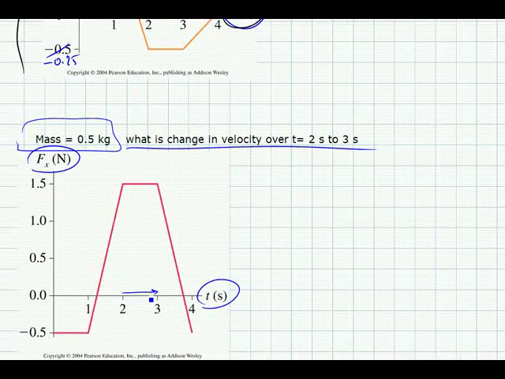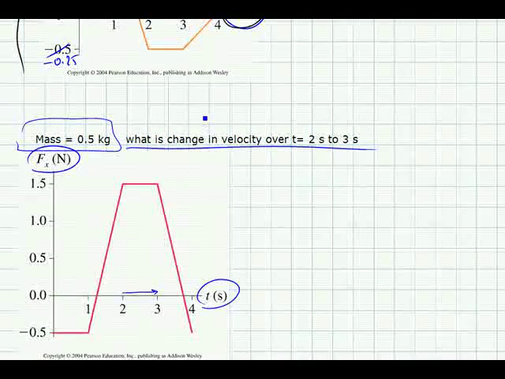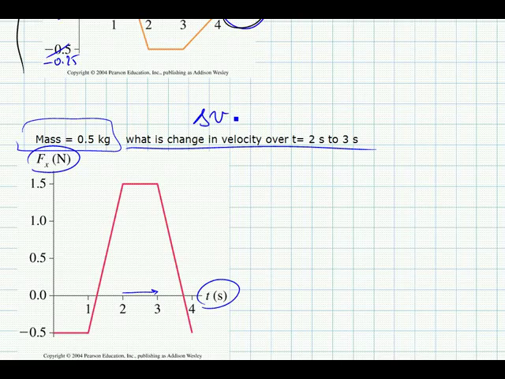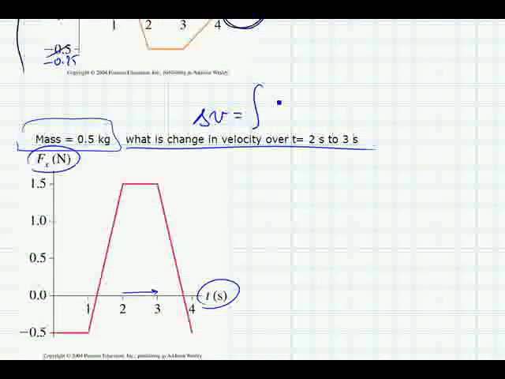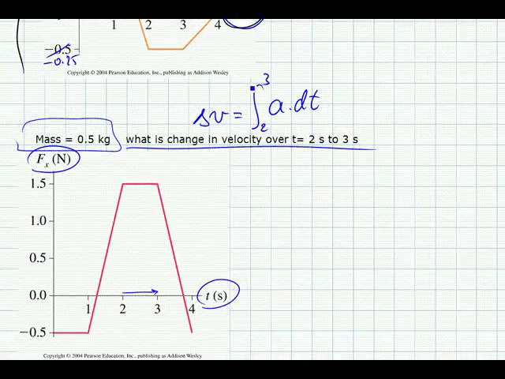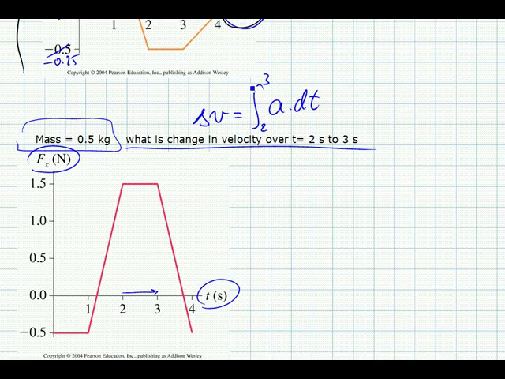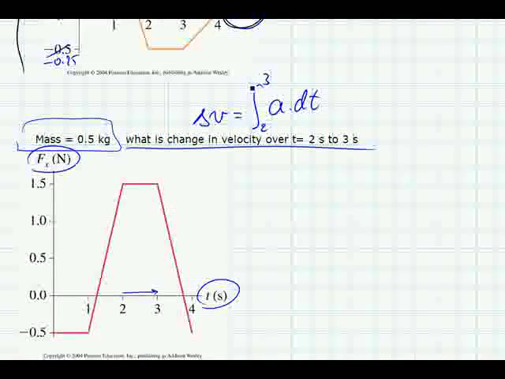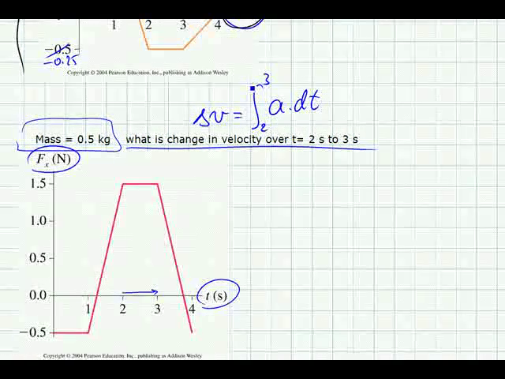We're given force versus time, but to calculate change in velocity, which is delta v, remember change in velocity is the integral of the acceleration curve over the limits that you have. The integral of the acceleration versus time curve is the area under that curve, of course.